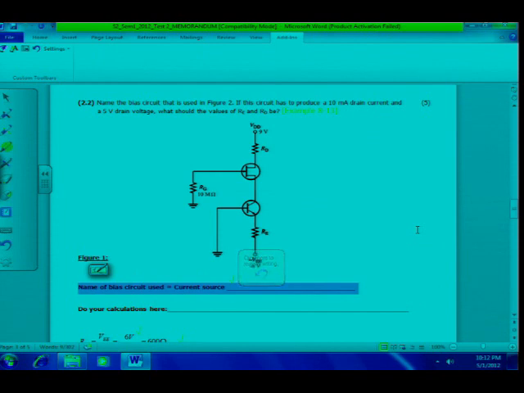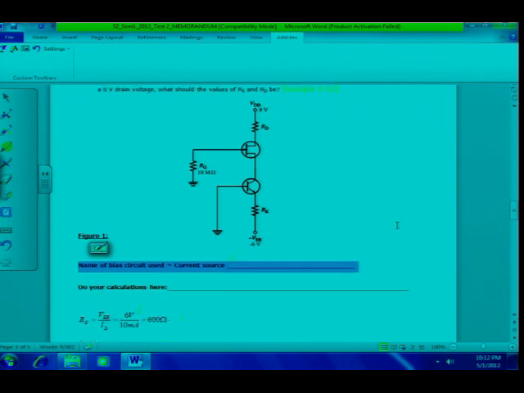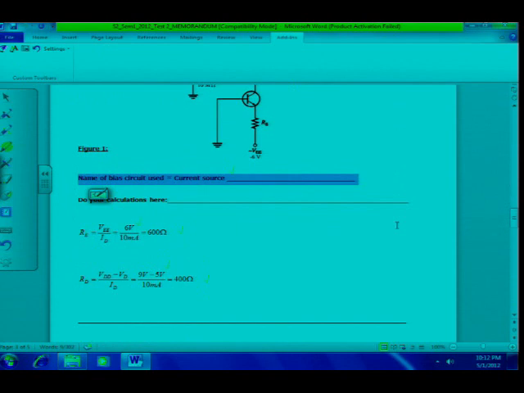And then if the circuit has to produce a 10 milliamp drain current and a 5 volt drain voltage, what should the values of RE and RD be? And the other 4 marks were allocated as follows. So there's RE calculated, 600 ohms, 2 marks, and RD, 400 ohms for another 2 marks.